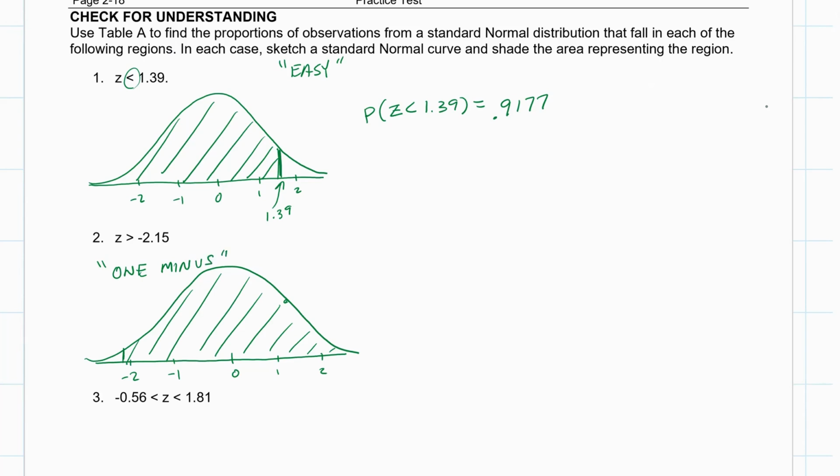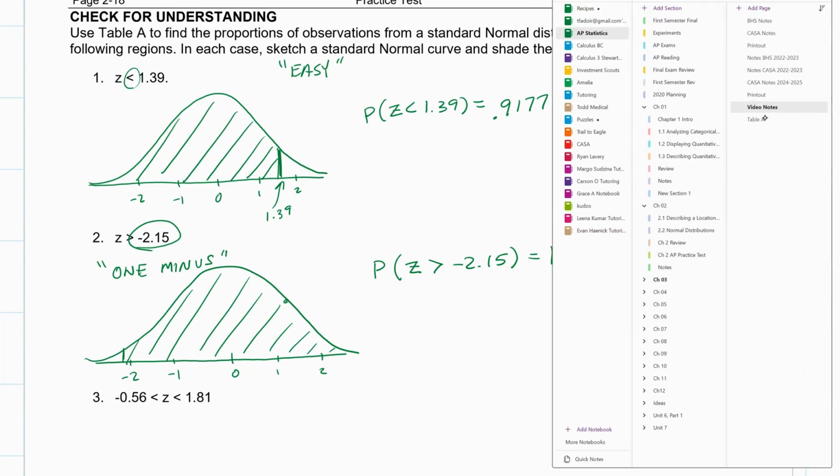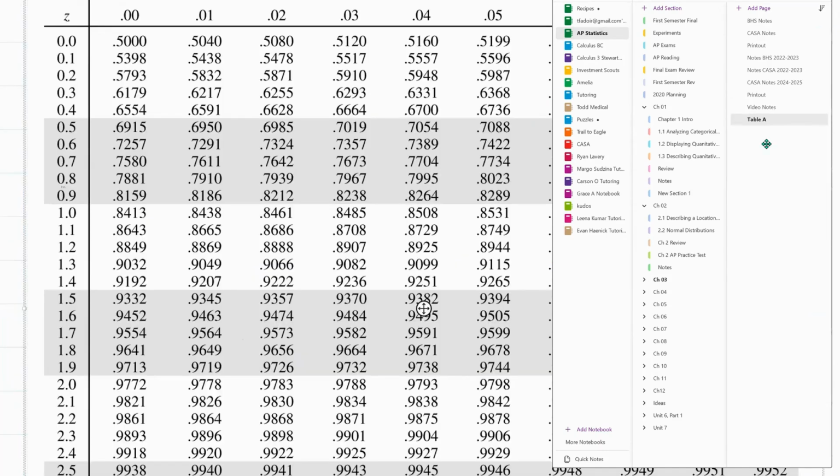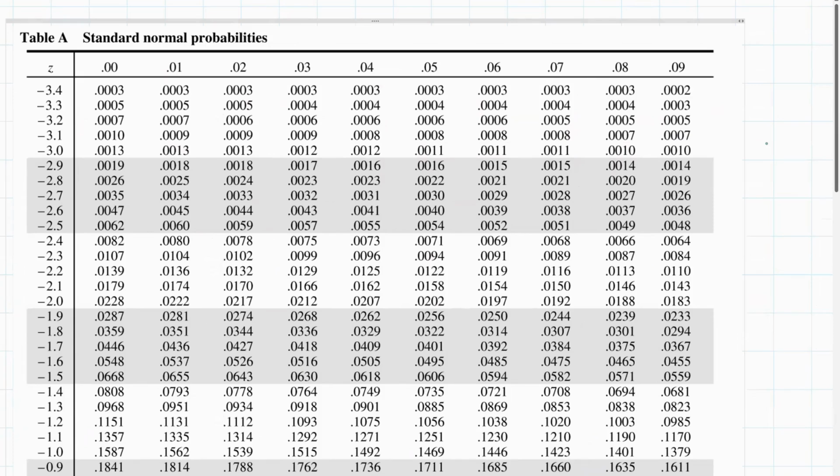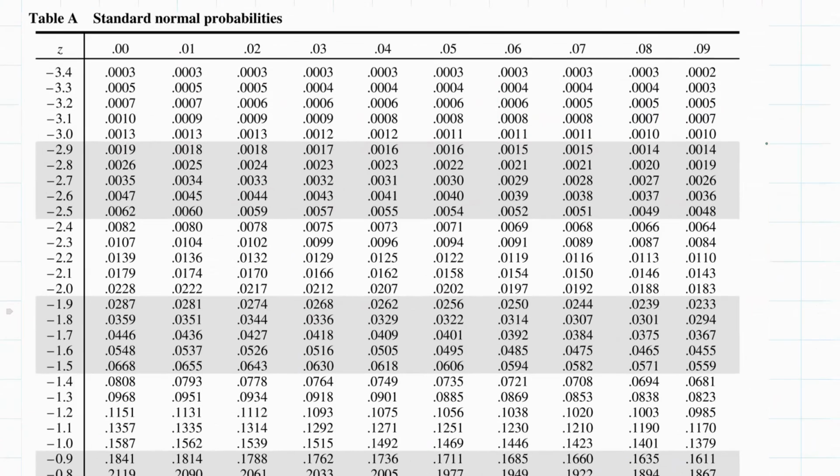right? So the probability that Z is greater than negative 2.15 is going to be 1 minus, and then I'm going to look up negative 2.15 on table A. All right, negative 2.15. Okay, so here I'm in the negatives, negative 2.15.